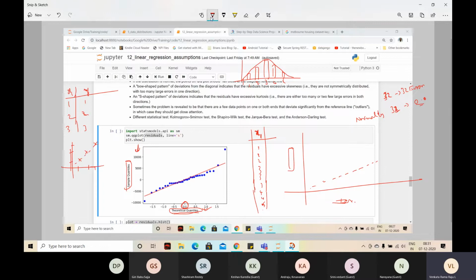Suppose that you have another data set like this: 1, 3, 2, 5, or maybe 3, 1.